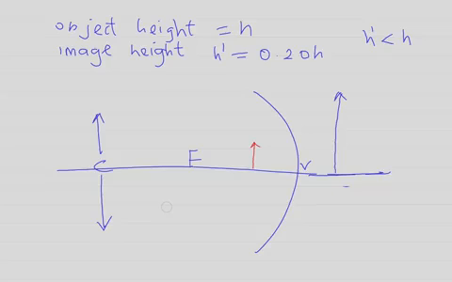For a convex mirror, the image is usually erect. If you place the object here, the image is usually erect and diminished. So this applies here: 8 prime is less than 8.